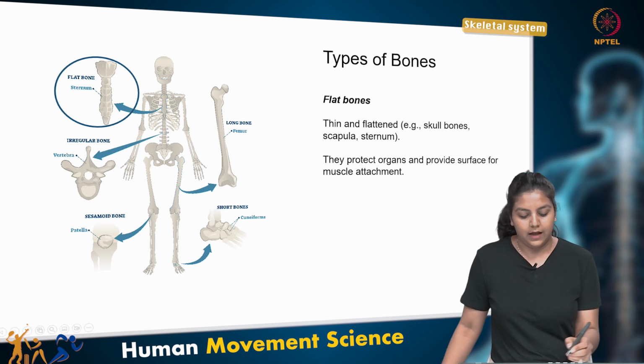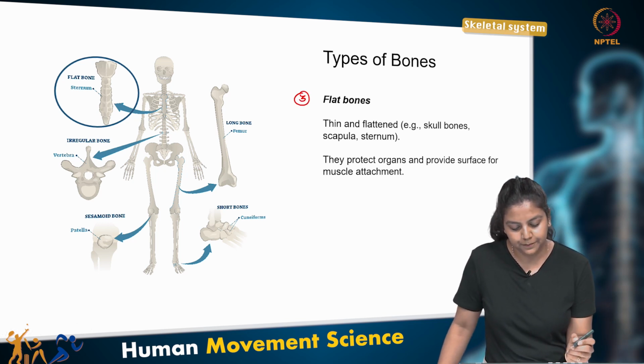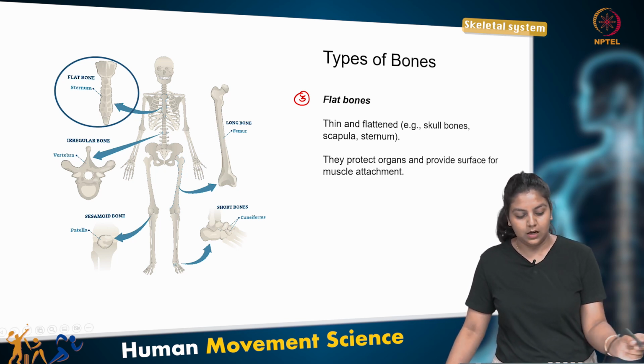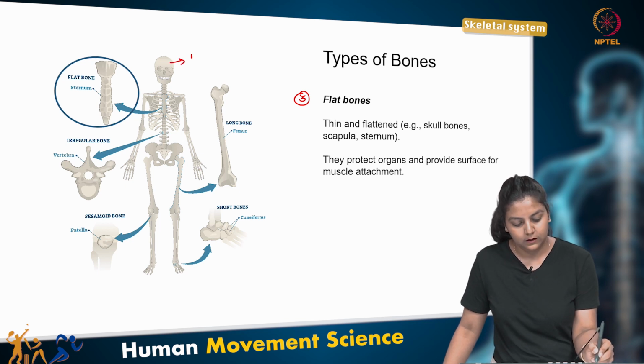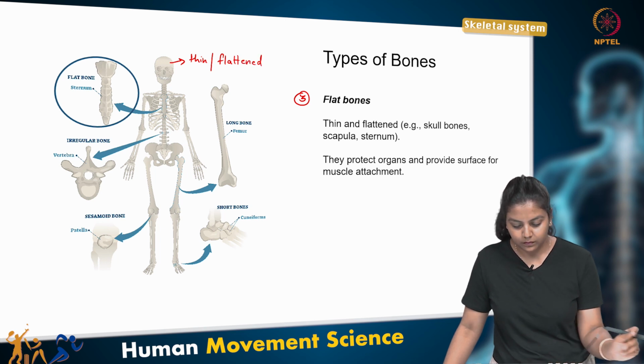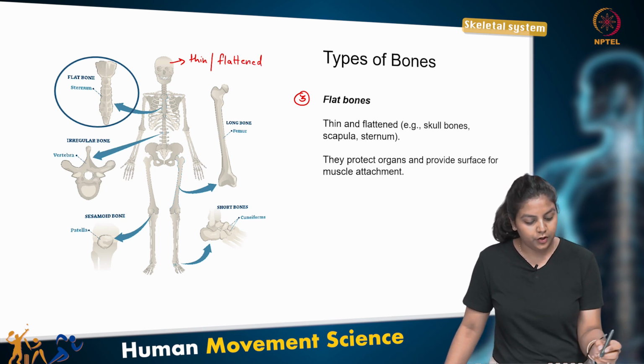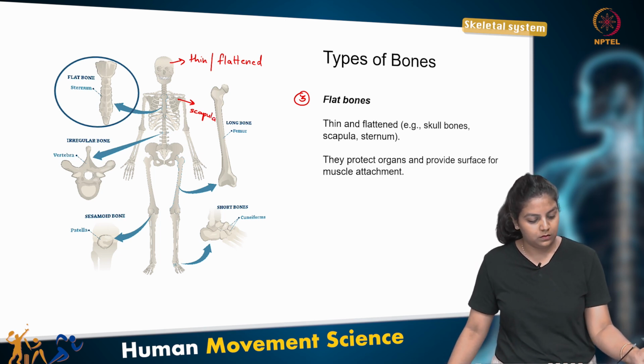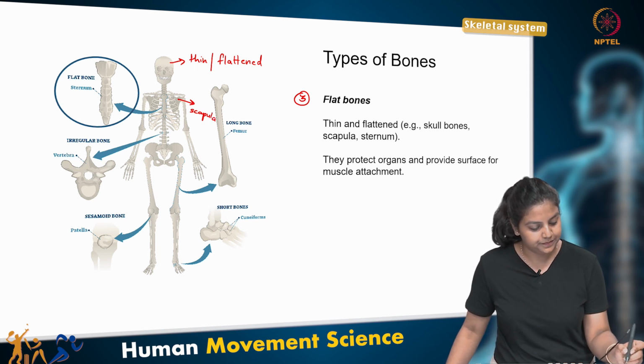Flat bones, on the other hand, which is the third category, are thin and quite flattened, right? For example, the skull bones, quite thin and flattened. Also your scapula is another example of a flat bone, and your sternum.